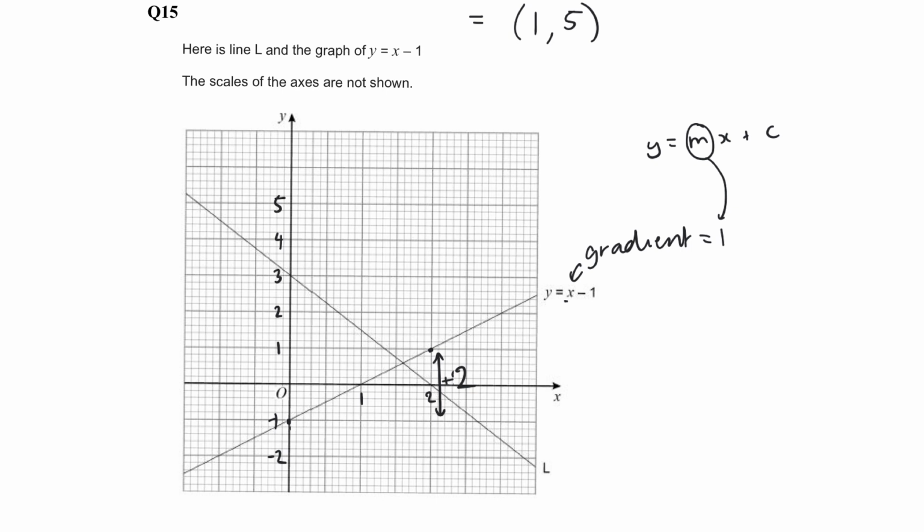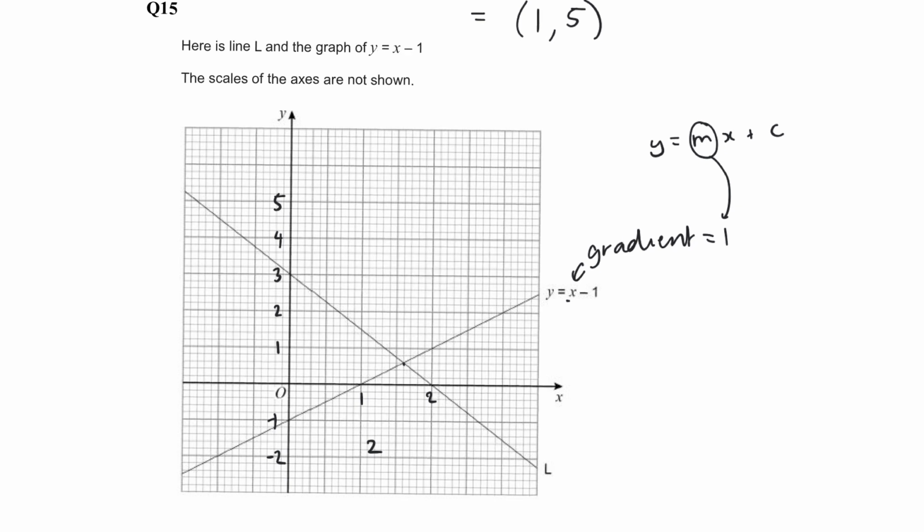So now if we work out the gradient, it would be the change in y, which is 2, over the change in x, which is also 2. And then to cross-check that this way is fine in terms of our scales, we need to look at the point where it intersects, because the point where they both intersect is here.